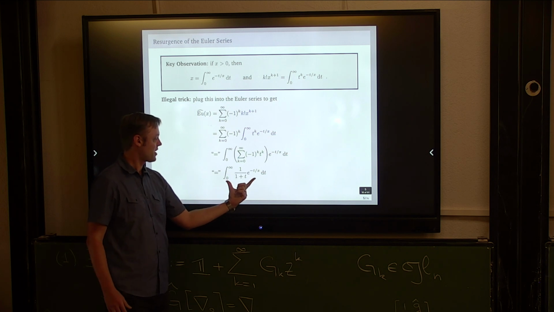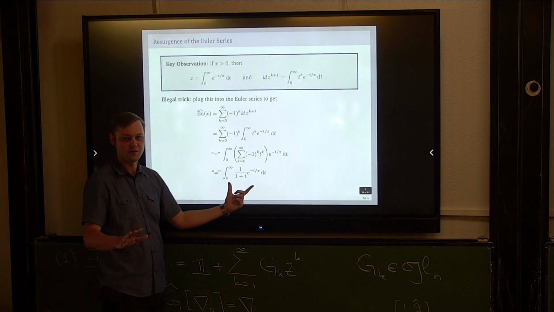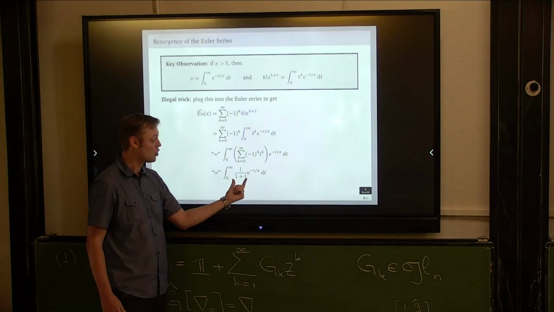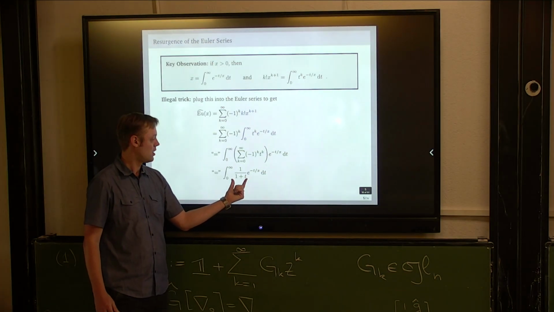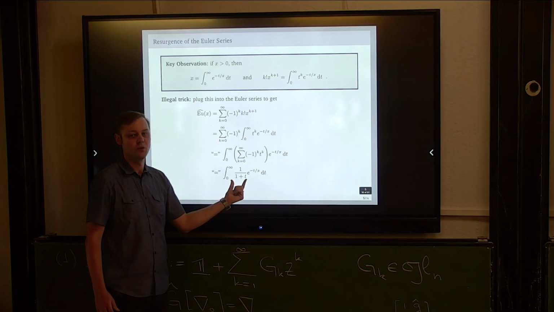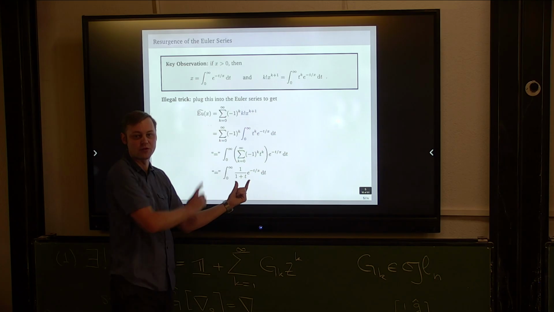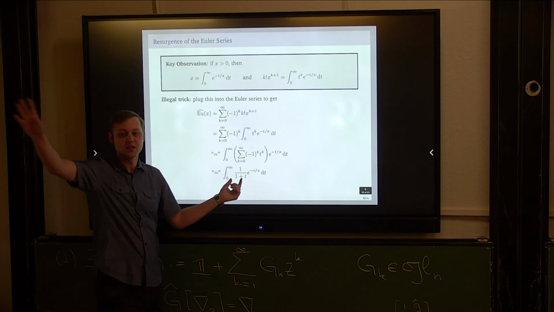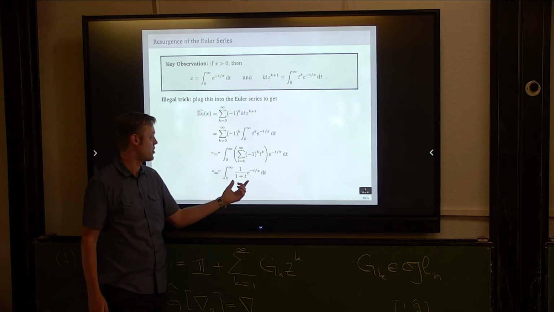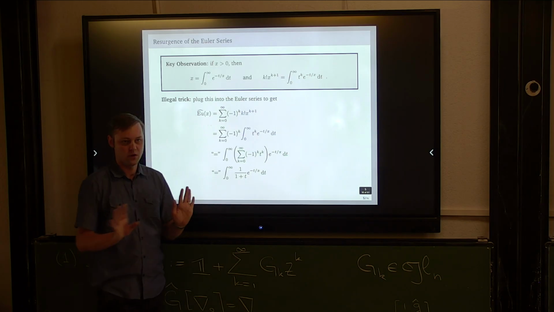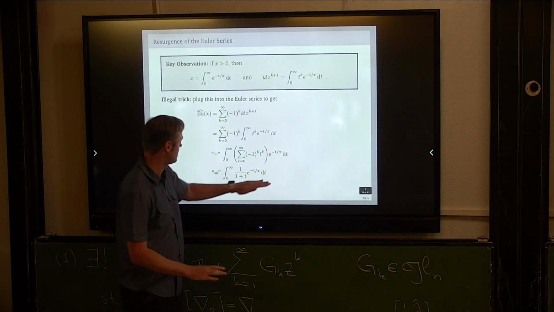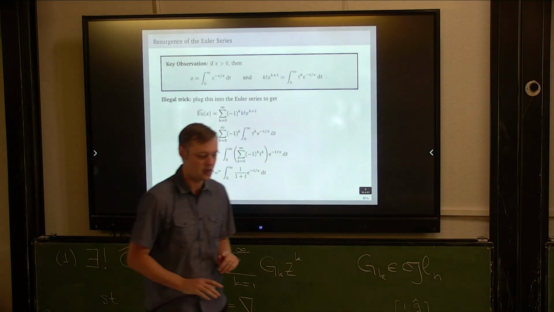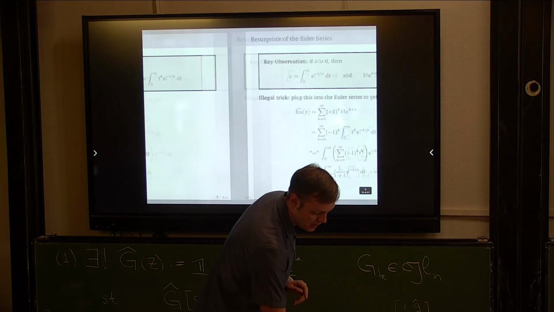This one, on the other hand, this expression is perfectly fine. I have a globally defined meromorphic function with a pole at t equal to -1, which is nowhere near the domain of integration, and I'm just integrating that globally defined meromorphic function, and so this equality is perfectly legal. Nothing wrong with that.